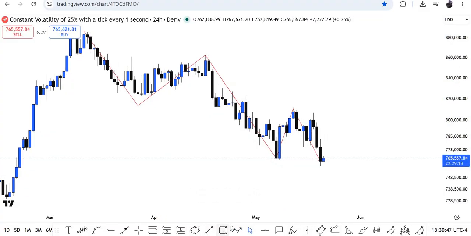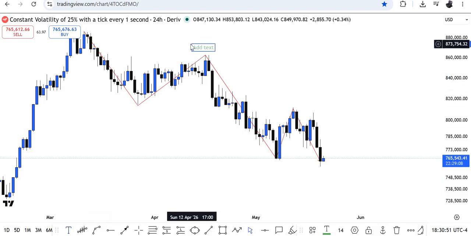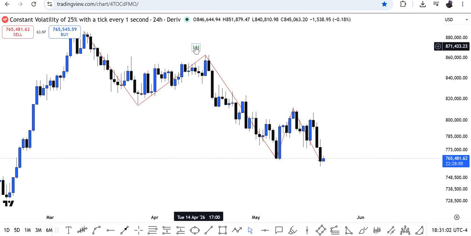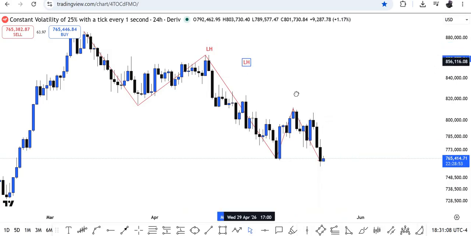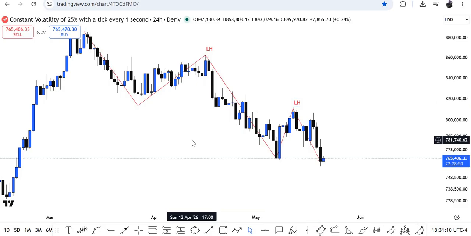So for persons who have not yet mastered price action or how to study the trend, let's call this our lower high right here. Let's put this in red. That's our lower high, and then we have a lower high right here as well.